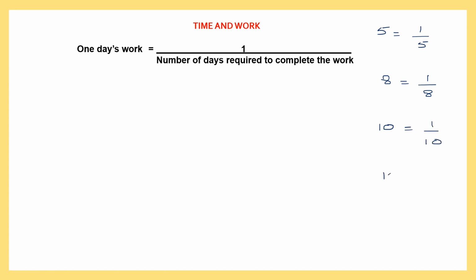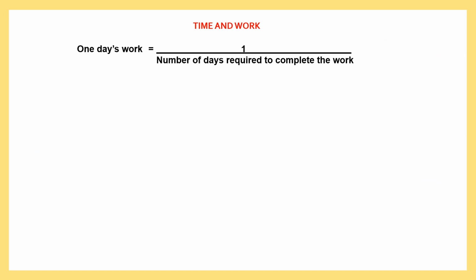If he's worked for 15 days, his 1 day's work will be 1 by 15. So if you have to find 1 day's work, it's simply looking at the number of days he's worked and writing 1 by that. This is a very important formula. It's a very simple fact.